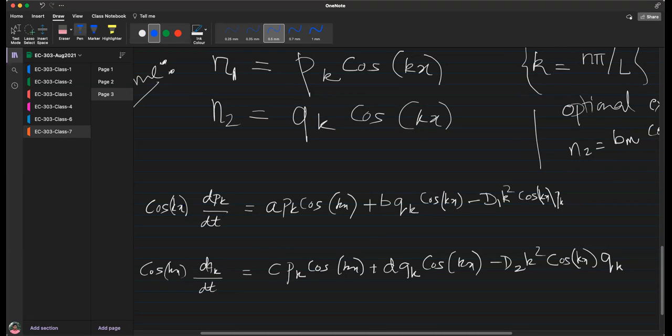Okay, what will I do now? I'll just cancel the cosines everywhere. I have intentionally chosen cosine this time instead of sine, just to show you that the results don't change.